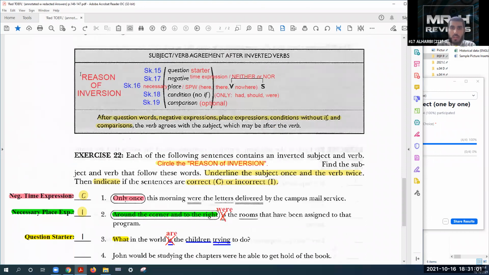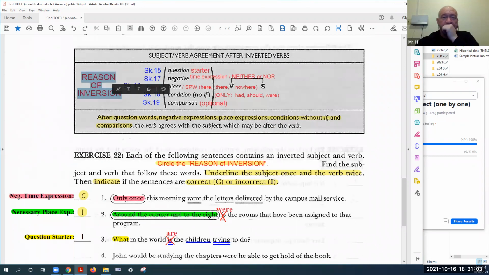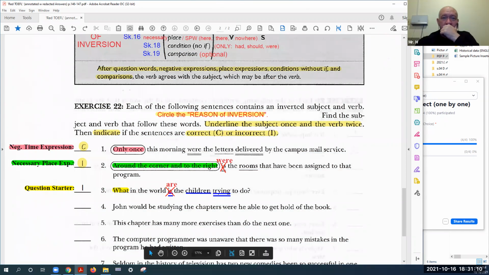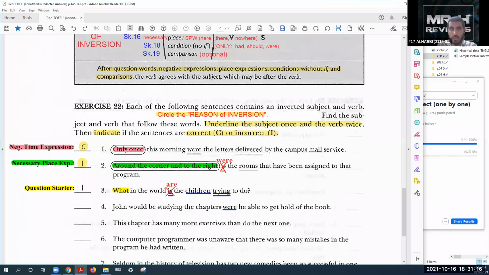The reason, I think, is skill 18. It starts from where. And what is where? It's a verb and subject.